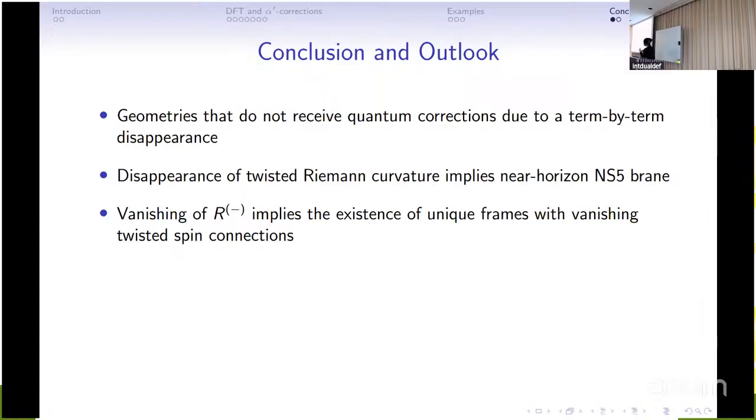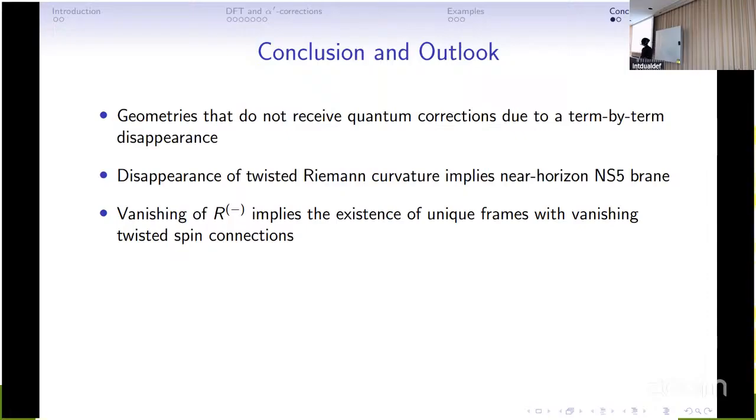So by looking at these term by term disappearances, in order to avoid the problem coming in because of the redefinitions, we can actually cook up the most general class of solutions that work with this case up to alpha prime squared order. It gives us some exact solution. So disappearance of twisted Riemann curvature implies that we can only have the near horizon NS5 frame. That's the geometry that you can work with.